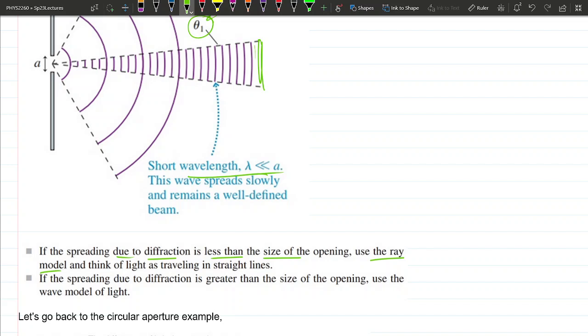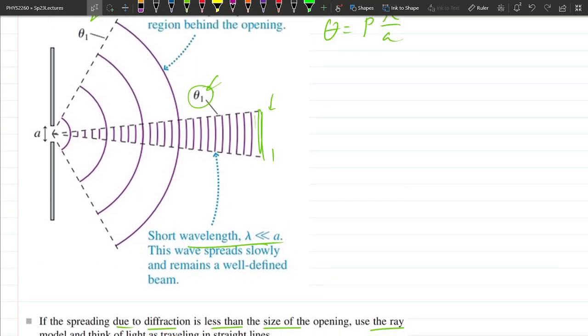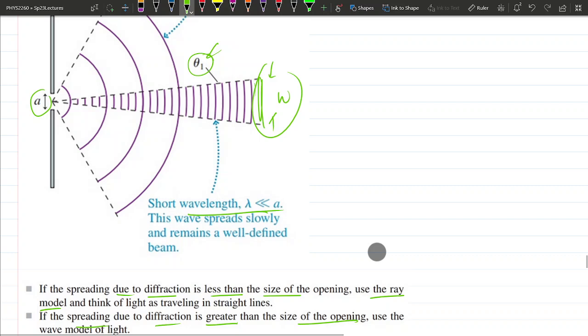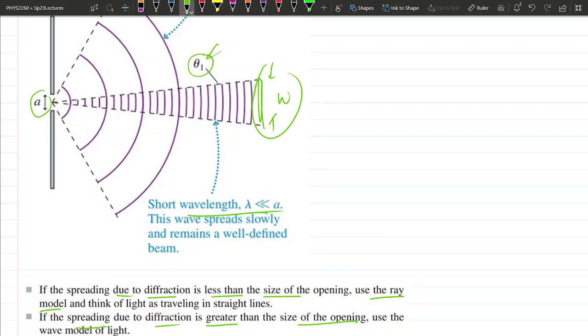But if it's the other way, where the spreading, this W here, is bigger than whatever A is, then we have to use the wave model of light. This is more of a rule of thumb than actual physics behind it.